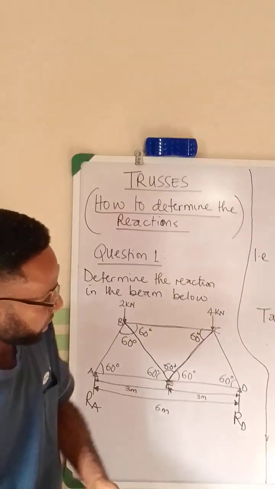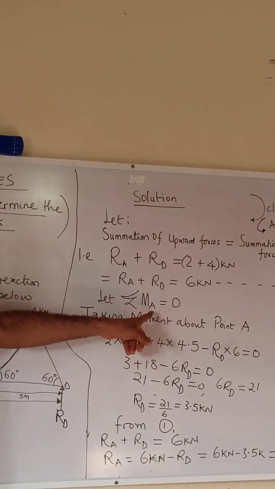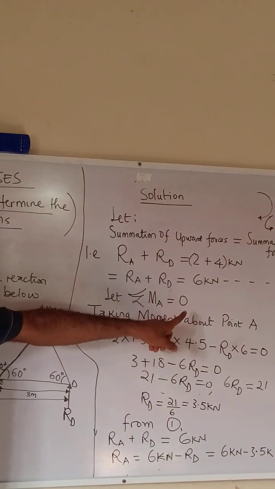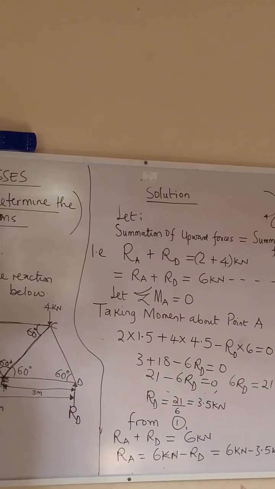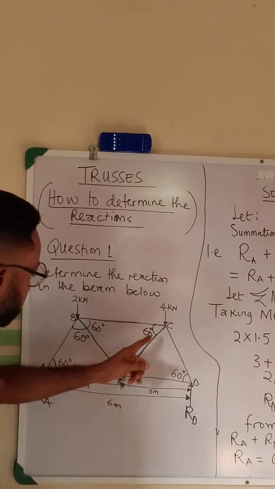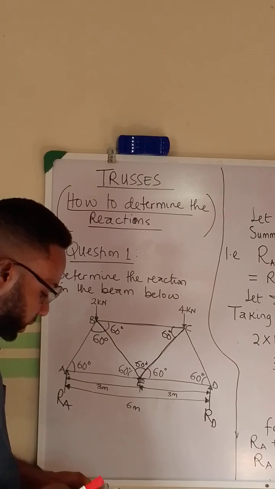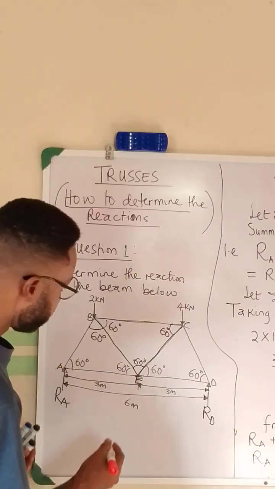And we say that the summation of moment at point A is equal to 0. What this implies is that all the forces we have will turn to point A, and then we equate whatever we have to 0.